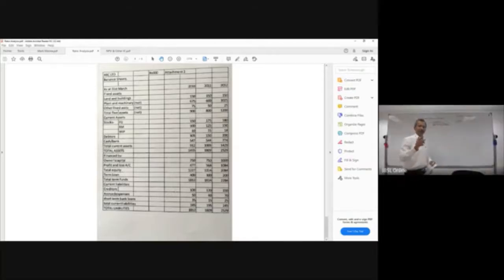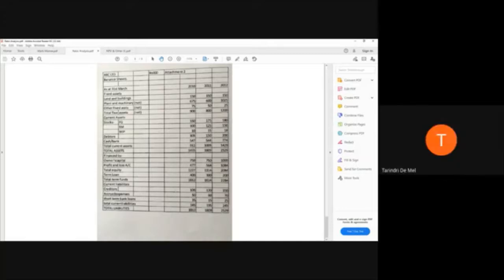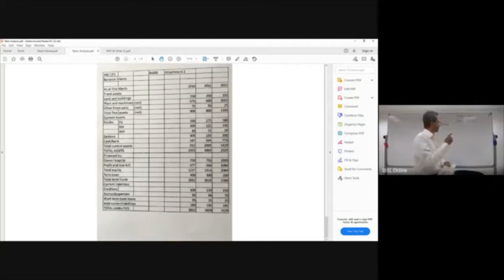Now, how did you arrive at 850? You take the closing balances of both years, add them up and divide by 2. Correct. That's why it is net average fixed assets, because the balance sheet is the balance at one day, maybe 31st December 2010 and 31st December 2011. So 2010 is 900, 2011 is 800.